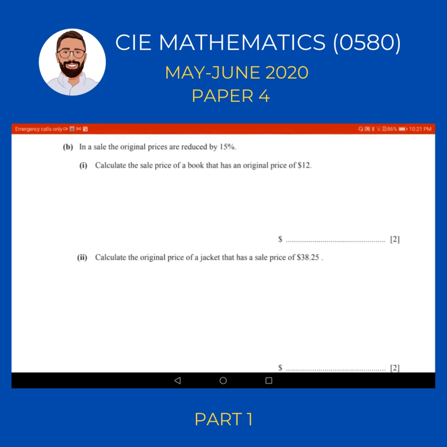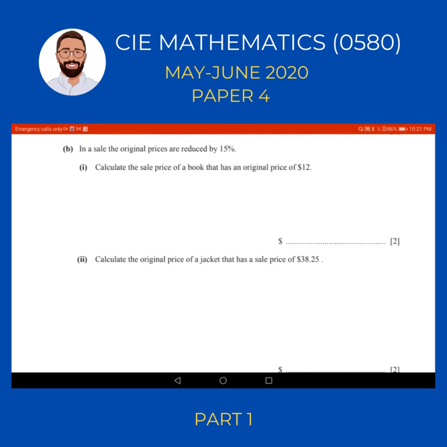Now in part (b). It says in a sale the original prices are reduced by 15%. Calculate the sale price of a book that has an original price of $12.